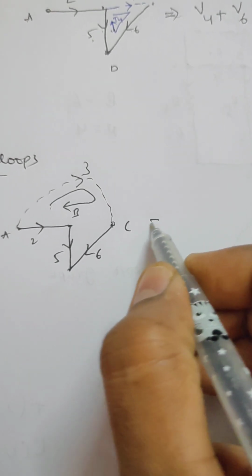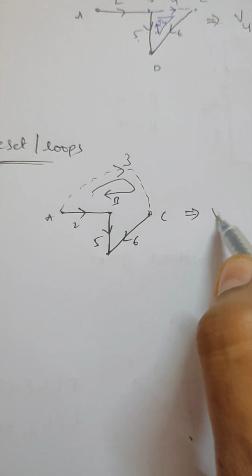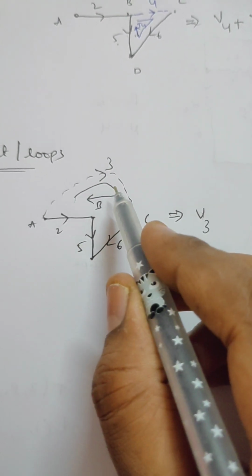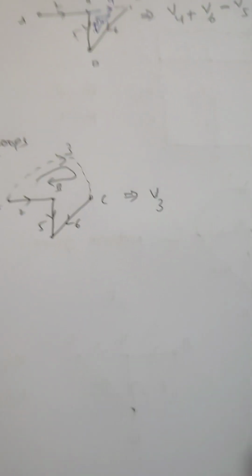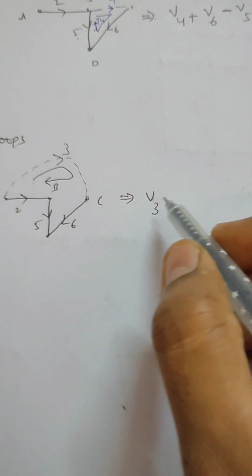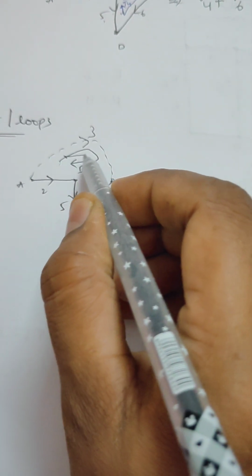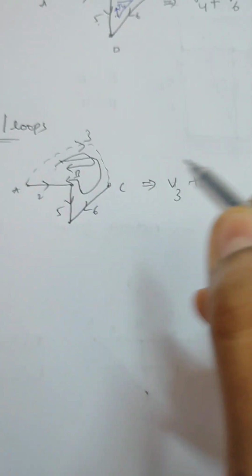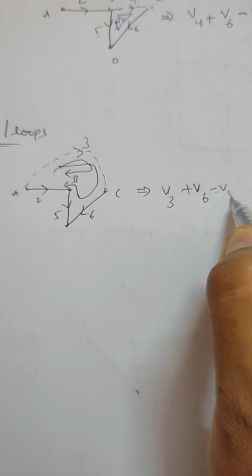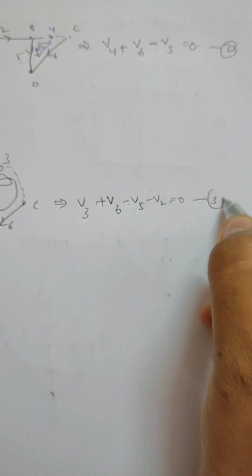By application of KVL we get the equation V3 plus V6 minus V5 minus V2 is equal to 0. Make it equation 3.